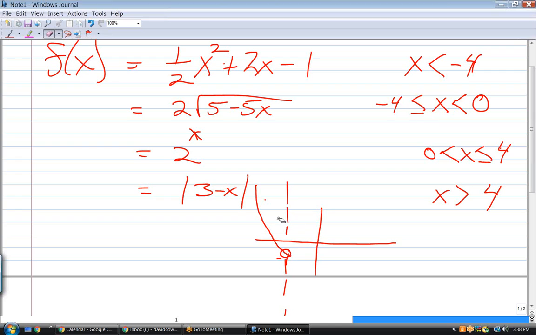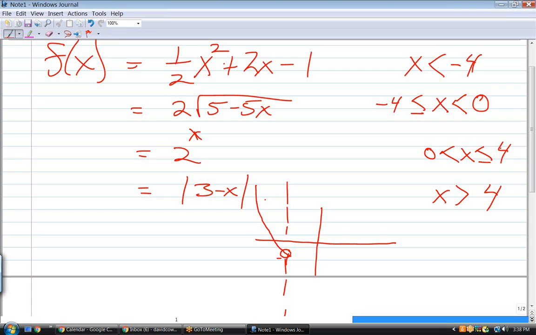Obviously, if you were trying to plot the perfect graph, we'd probably want to know where the x-intercept is and maybe one more point. You really need 3 points to plot a parabola. Yeah. And that's all you need. But for the purposes of this problem, the only thing we really need to know is where it crosses this line, x equals -4.